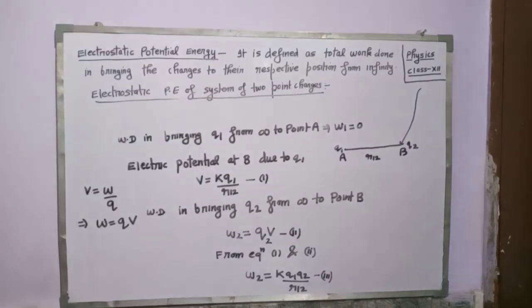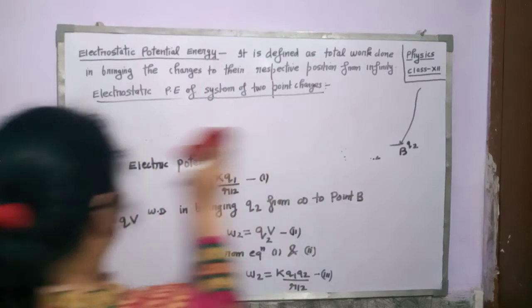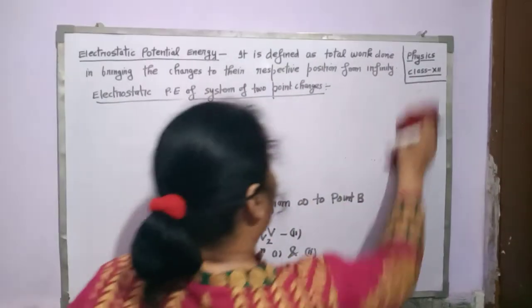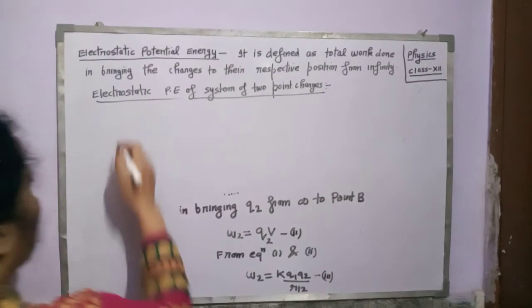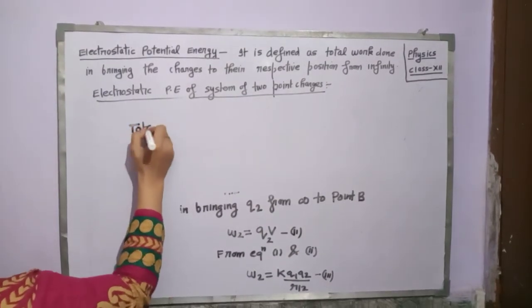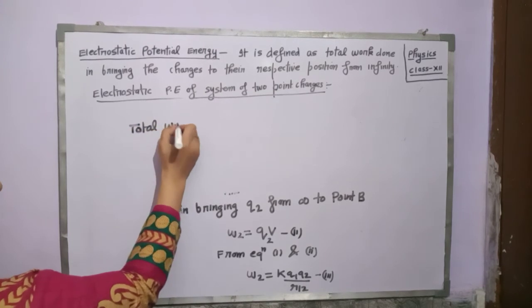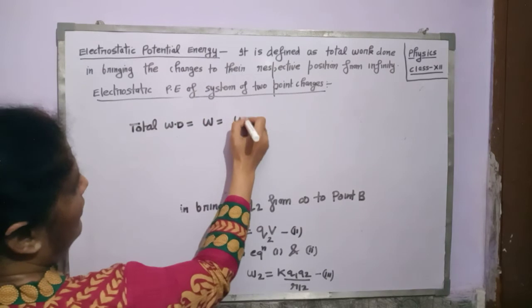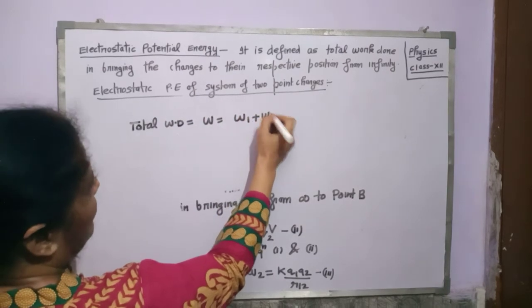What is the value of the total work done? Now you have to find the sum of W1 and W2. The total work done W is equal to W1 plus W2.